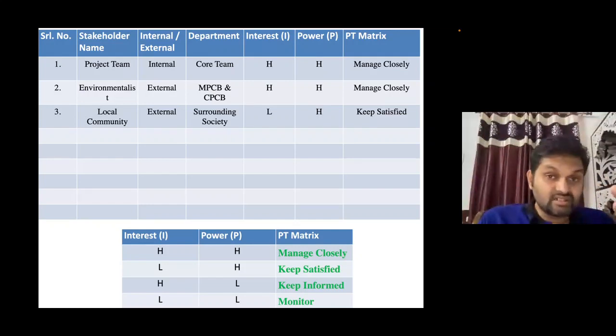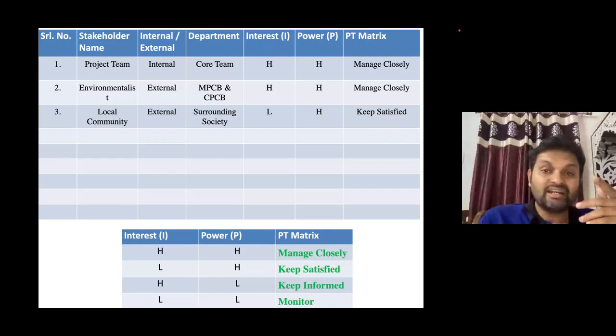Now second, the environmentalist. He's external. I have already given you the example: a big project was stopped because of the environmentalist, right? The department is MPCB and CPCB, Maharashtra Pollution Control Board and Central Pollution Control Board.